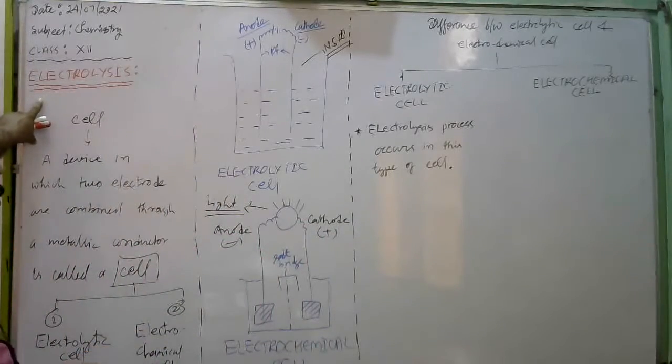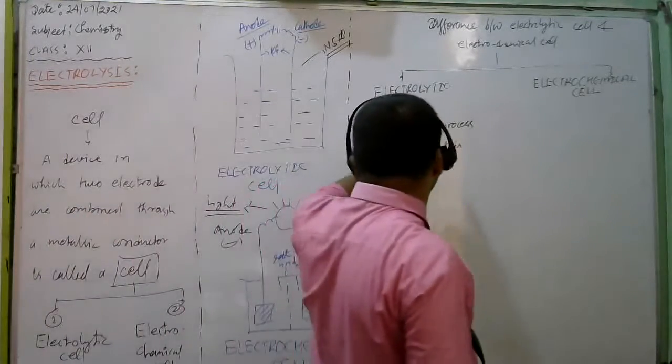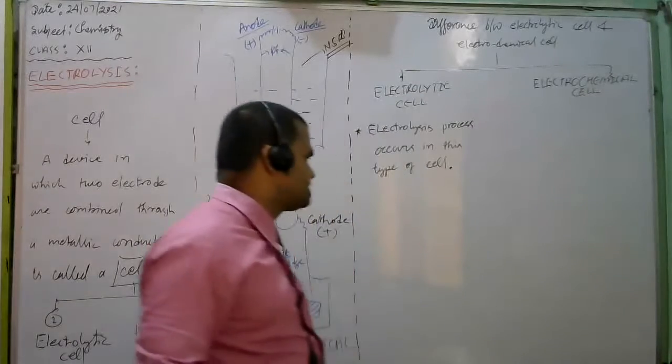This one is electrolysis. So the electrolysis process occurs in this type of cell.